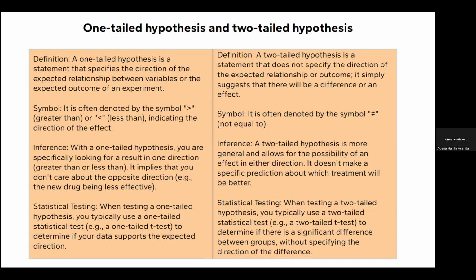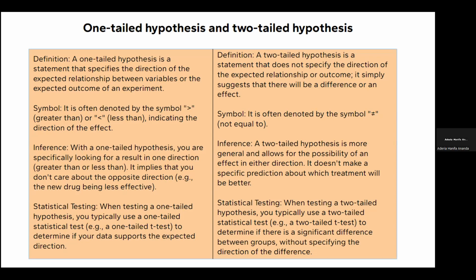For the symbol, a one-tailed hypothesis is often denoted by the symbol greater than or less than, indicating the direction of the effect. And the symbol of a two-tailed hypothesis is often denoted by the symbol not equal to.